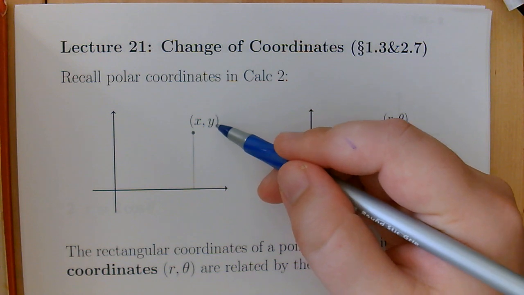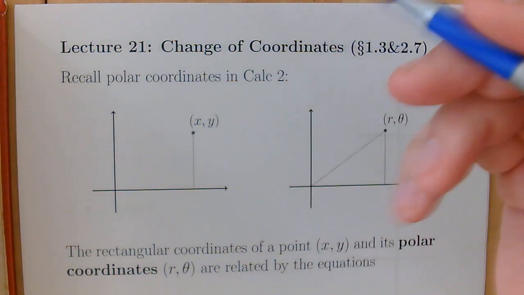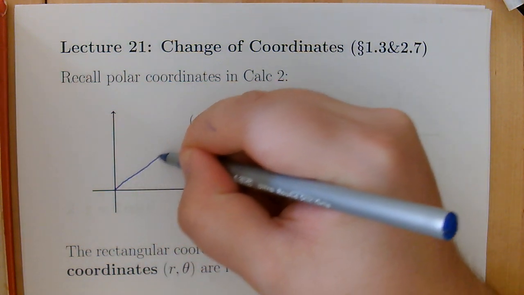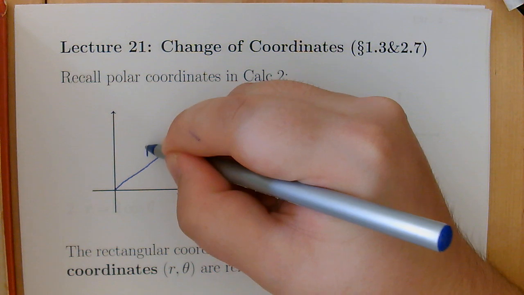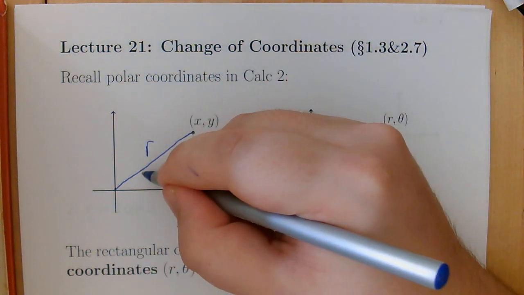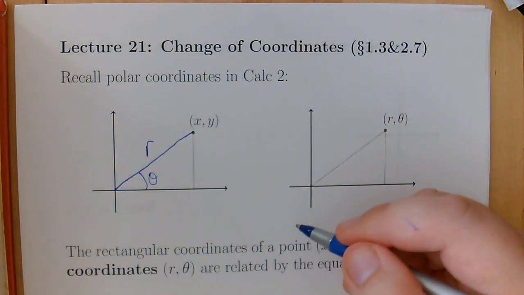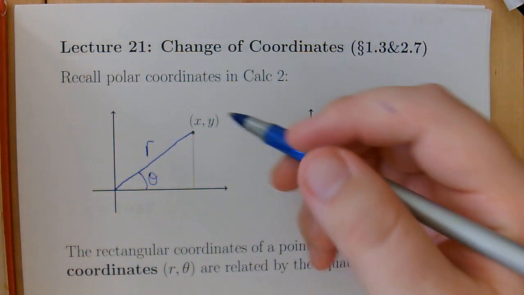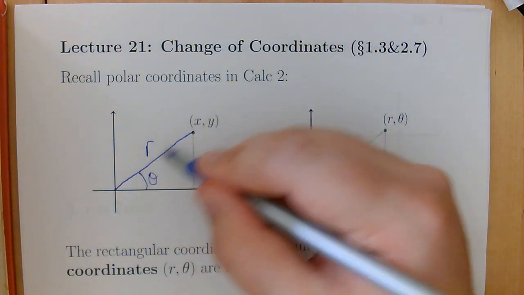So suppose we have a point x and y, and we want to turn this into polar coordinates r and theta. How are we supposed to do that? Well, remember what r represents. r represents the distance from the origin to the point, and theta is this angle right here. So if we want to get x and y in terms of r and theta, then we use trigonometry.